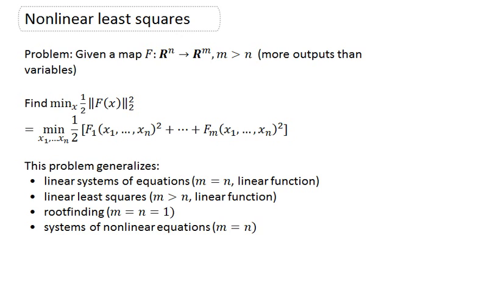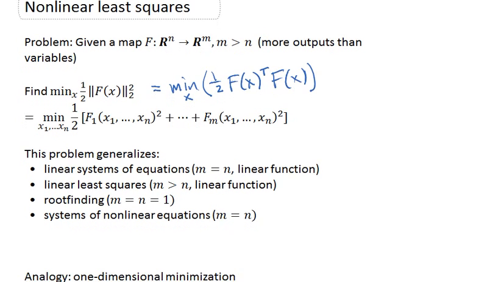So we can just express that with the 2 norm as the norm of F squared. There's a factor of 1/2 to make some of the later calculations more convenient. Or we could think of this in terms of F transpose F, the inner product of F with itself, that's equal to the 2 norm squared. Or if we write it out, we have the sum of f1 squared plus f2 squared and so on.